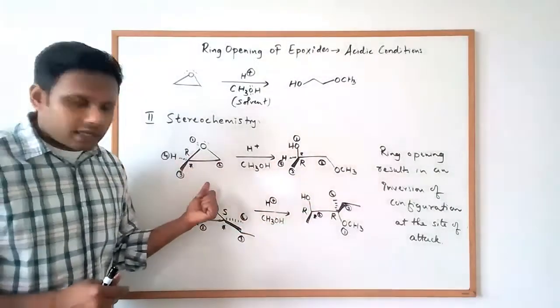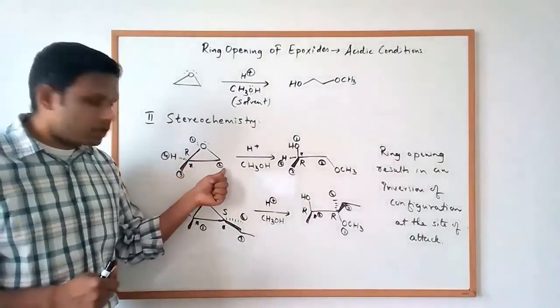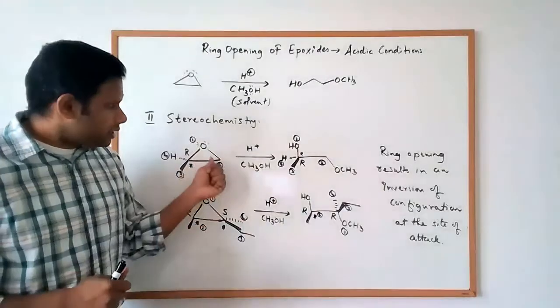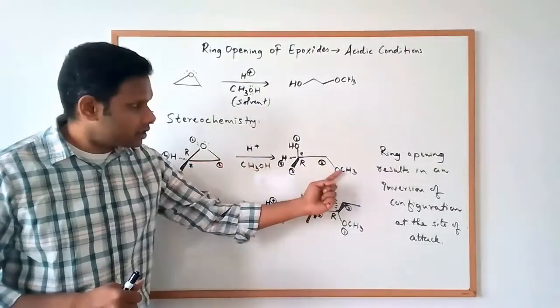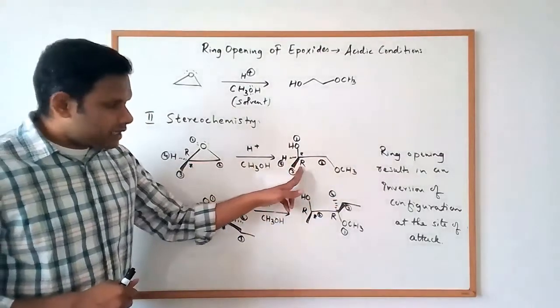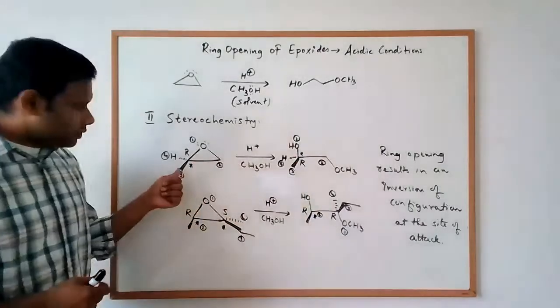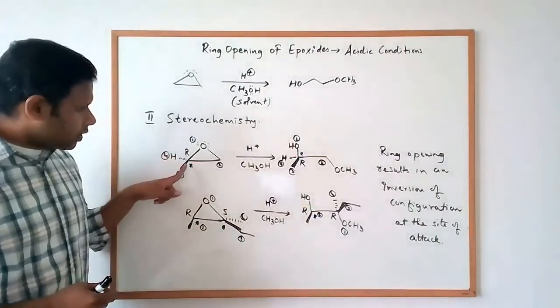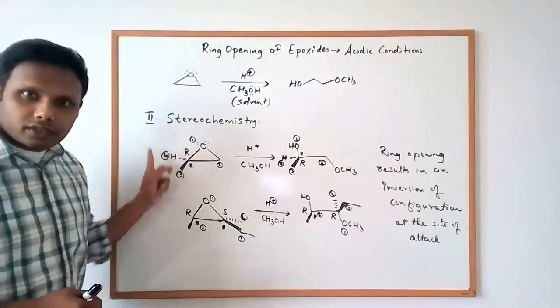So in our first example, where we had a combination of a secondary carbon and a primary carbon in an epoxide, the attack happens at the primary carbon. That's why the methoxy is connected to that primary carbon. And so the secondary carbon is not attacked, that's untouched. If you look at it, the secondary carbon is an R configuration to start off in the epoxide.